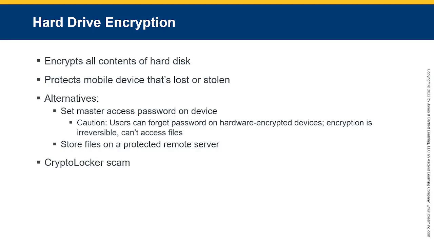You could have hard drive encryption, which encrypts all contents of the hard disk and protects mobile devices that are lost or stolen. So you may have alternatives. You can have a master access password on the device, so if users forget the password on hardware-encrypted devices, the encryption is reversible and you can access files.